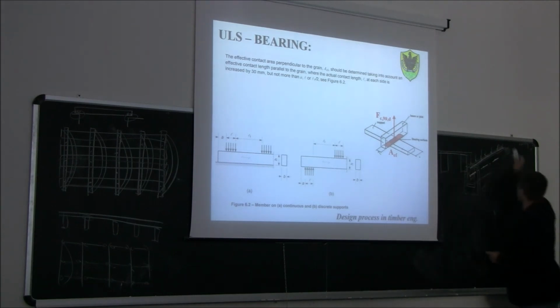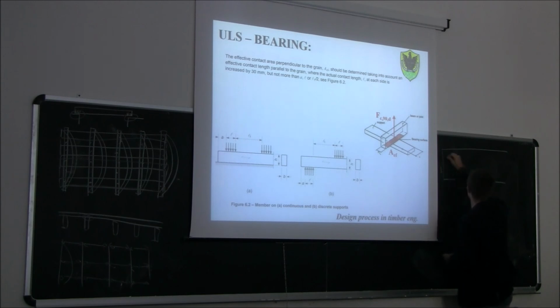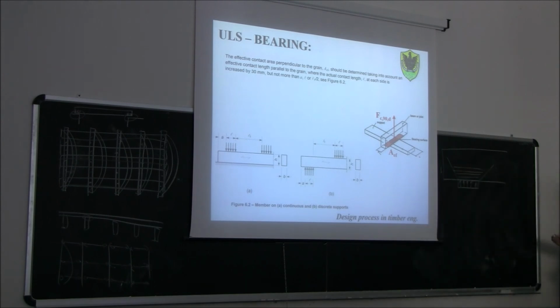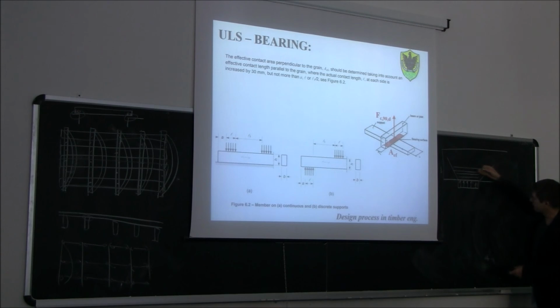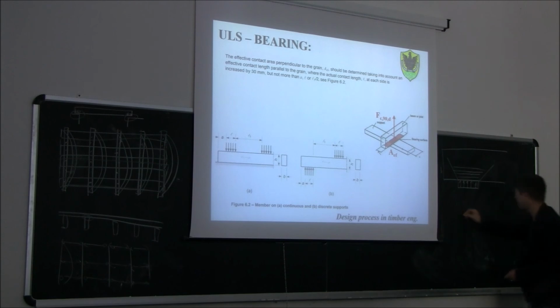So if this is a support and we have a beam above here, these stresses are going to be distributed in some way above. So they're going to diffuse this way. And since there is some support provided by the outer part of the beam, this situation is much better compared to a situation like this.